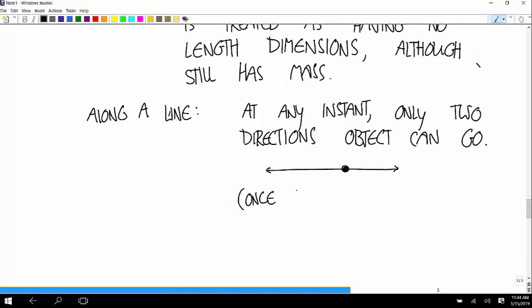In parentheses, once we get to 2D motion, there are infinitely many directions.